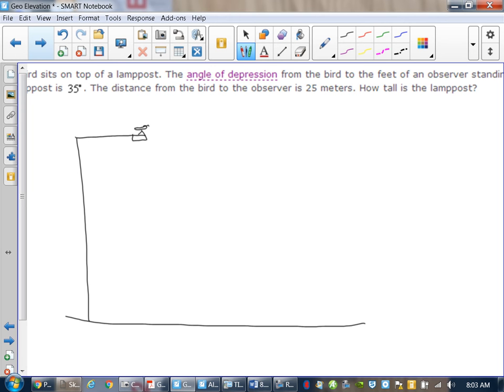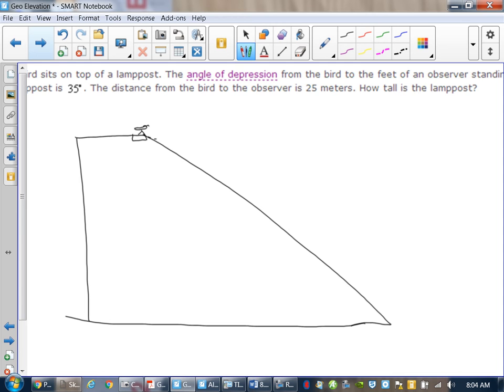For those of you that are new, welcome, and I'm an awful drawer. That actually kind of does look like a bird. Thanks. Angle of depression to the person standing out here. Now here's where things get interesting.